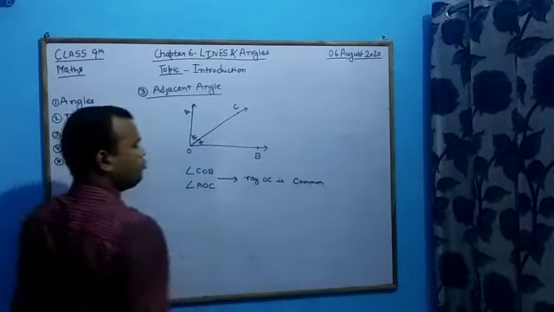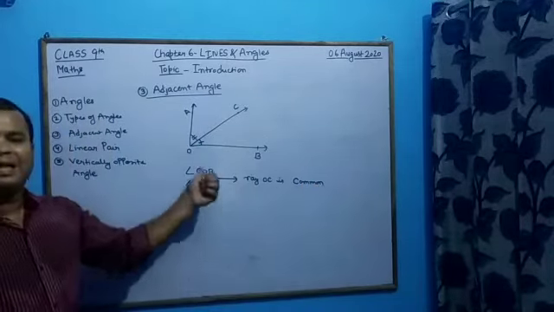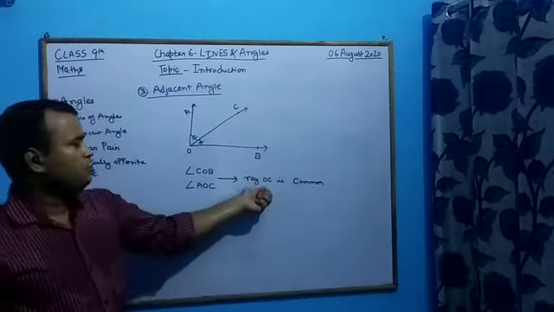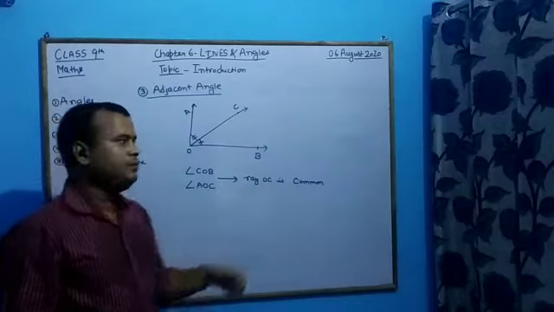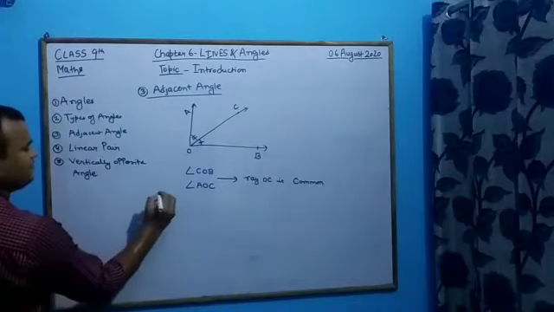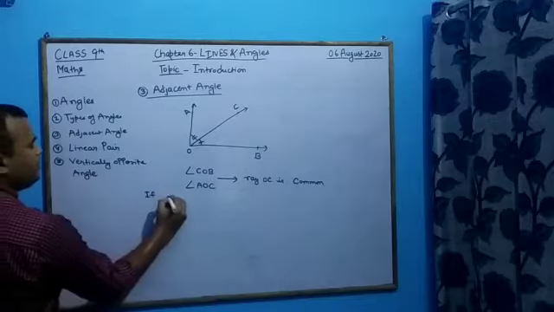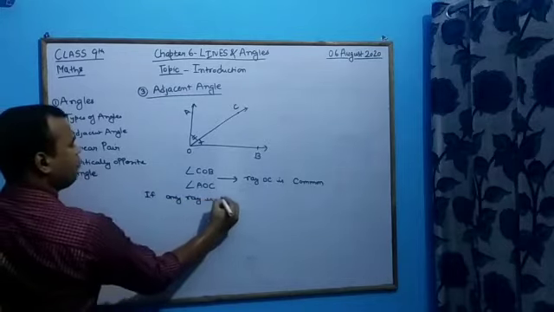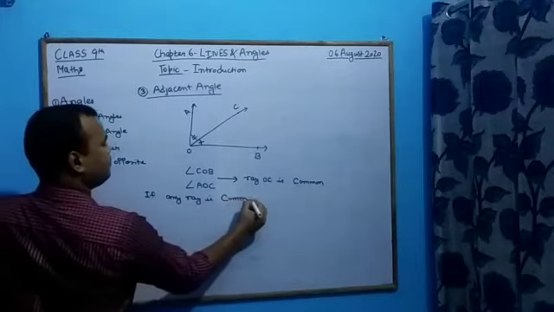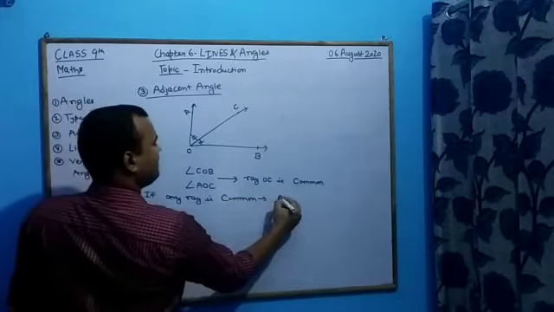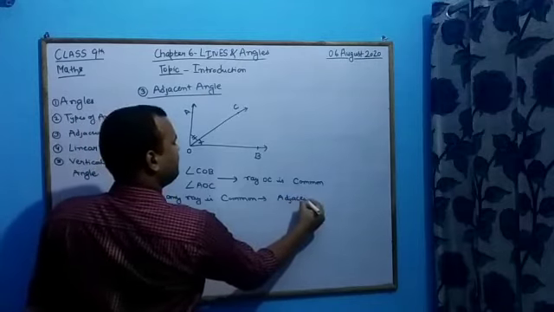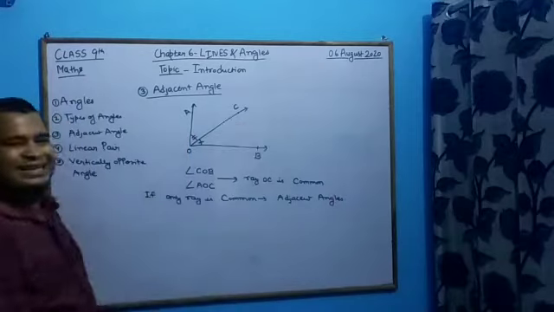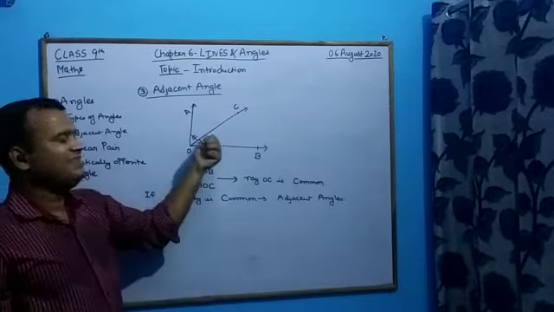One ray is common in both angles. When in two angles any ray is common, then they are called adjacent angles. So in the figure I have drawn, these two angles are adjacent angles.